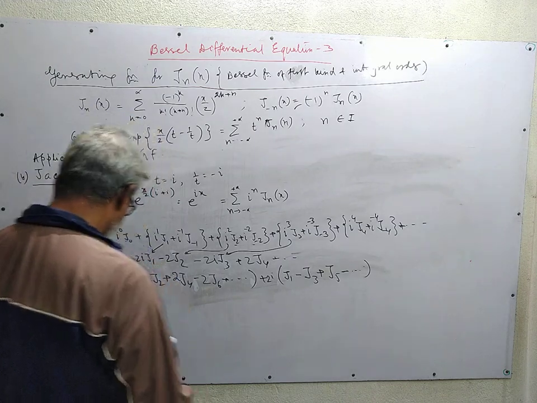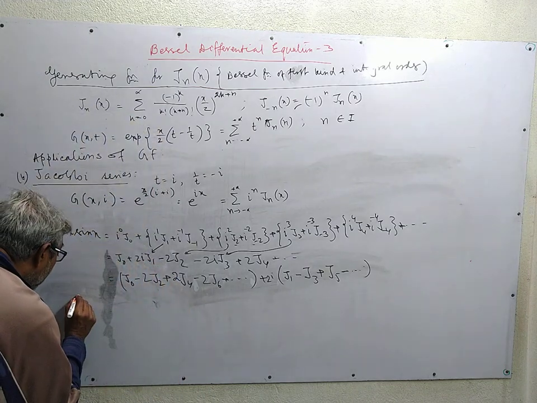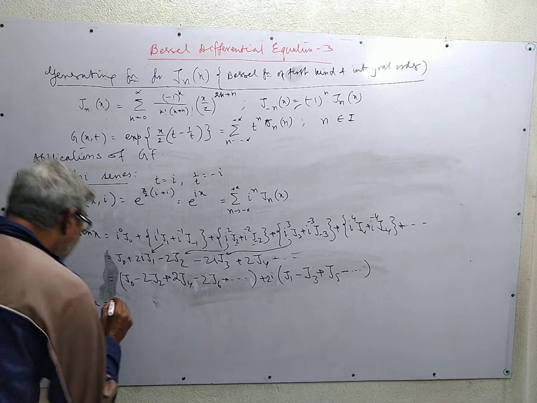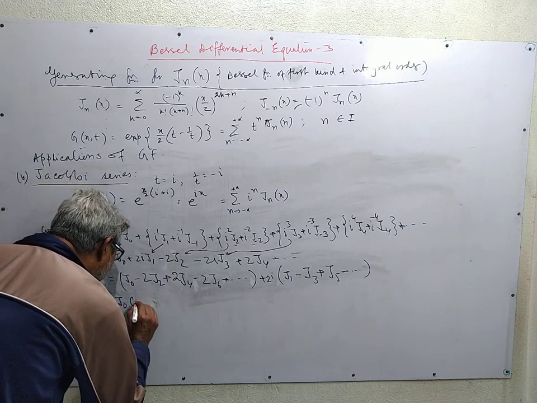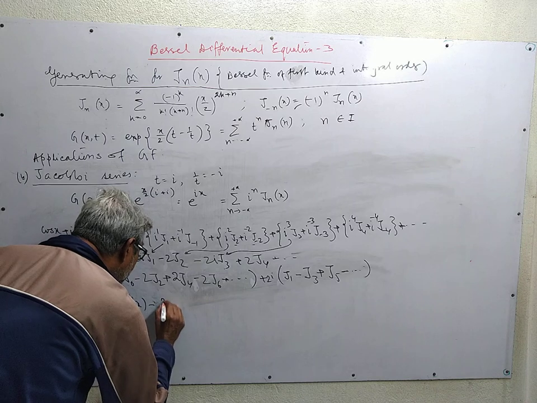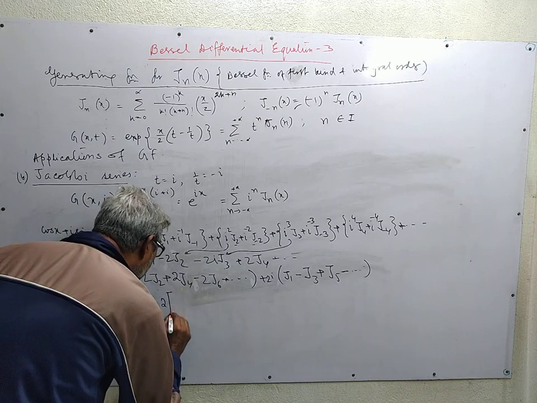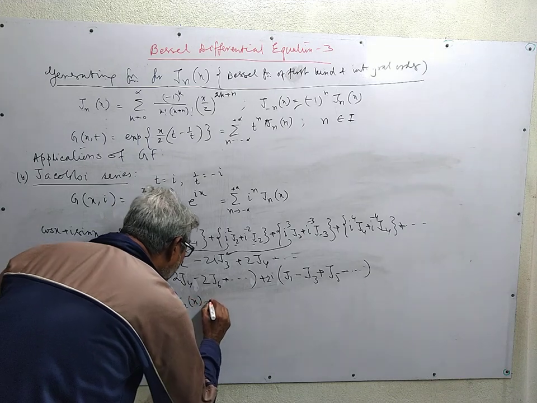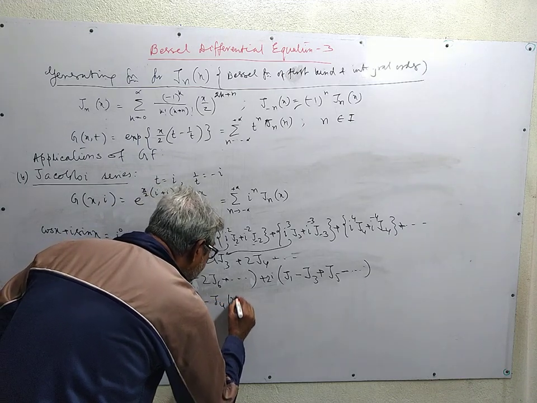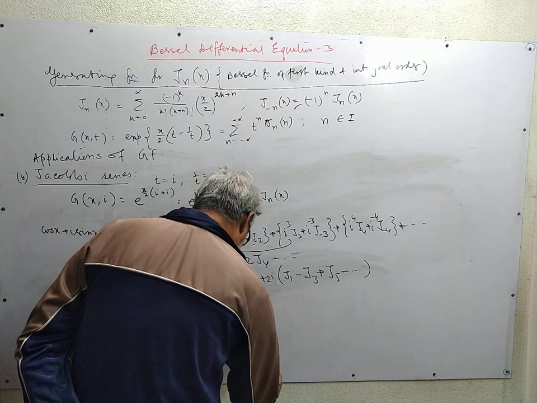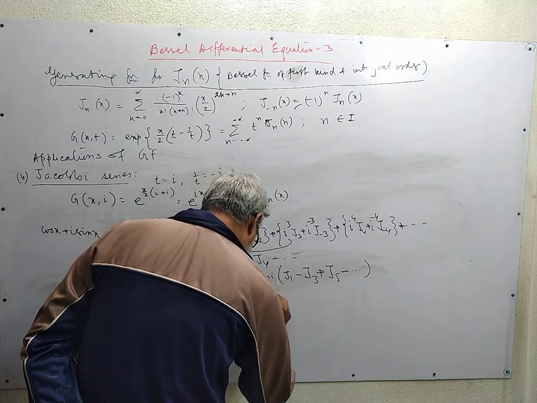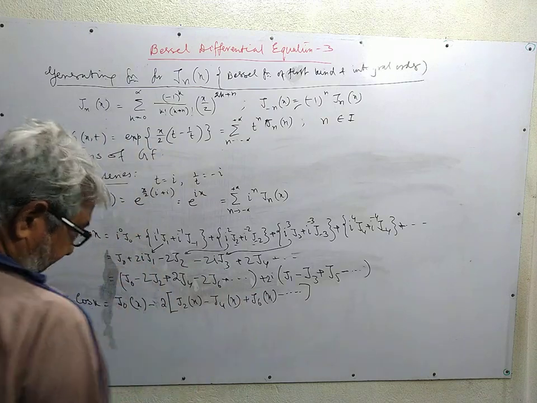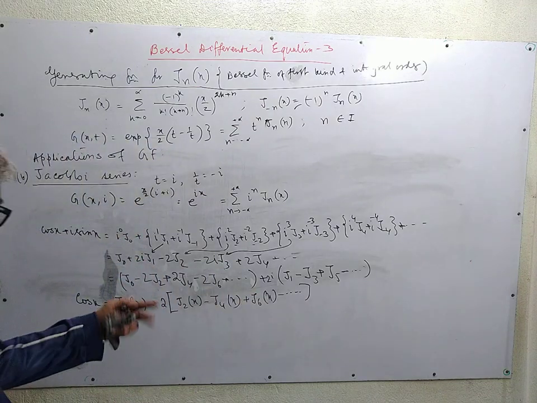So we write cos of x is equal to j0 of x minus 2 j2 of x minus j4 of x plus j6 of x. You can write it using a summation symbol.